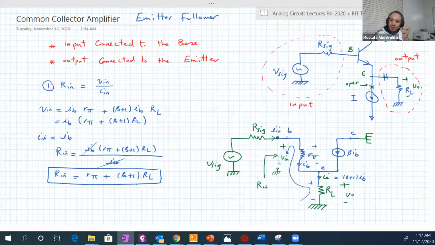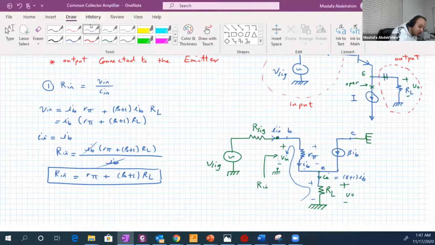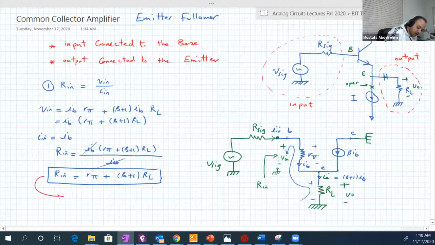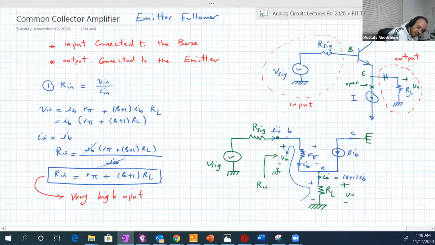If you multiply 1 kilo ohm, which is RL, by 100, this will give you 100 kilo ohms. Based on that analysis, we now see that the common collector amplifier, or the emitter follower circuit, usually has very high input resistance. So this is the first advantage of the common collector amplifier: very high input resistance.